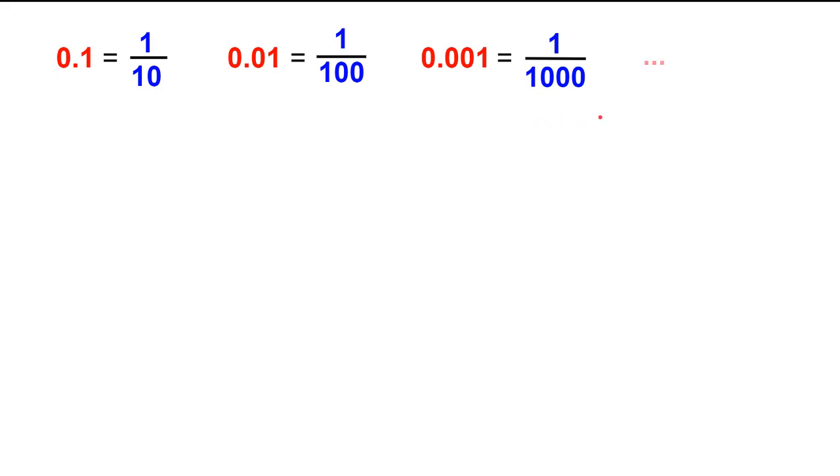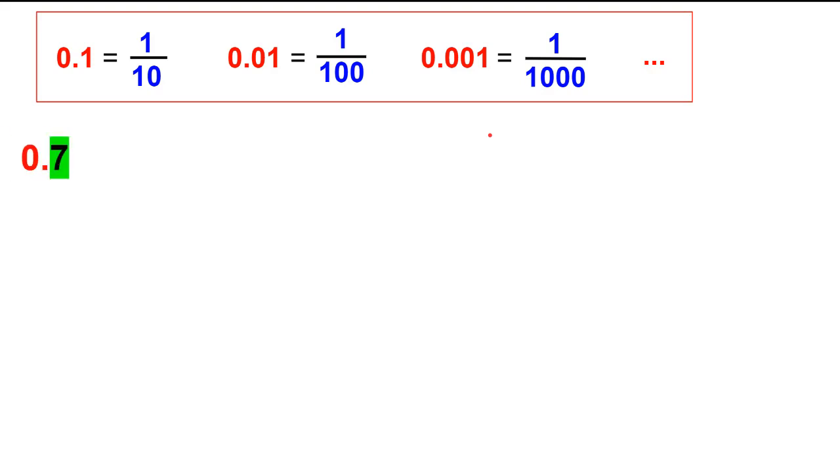And it goes on and on. 0.0001 equals 1/10,000, but we won't get to that. These three are enough. You have to remember them by heart and know how to convert from the left side to the right side and vice versa. And these will appear on the screen during most of this lesson.